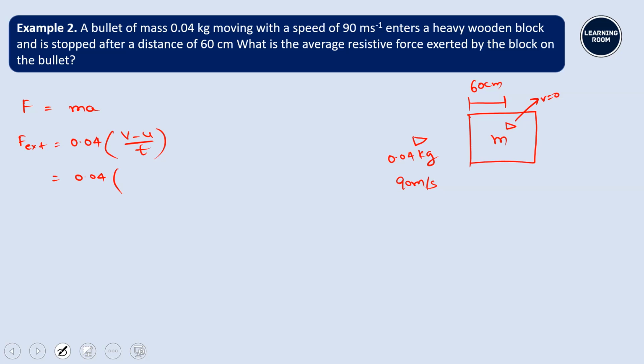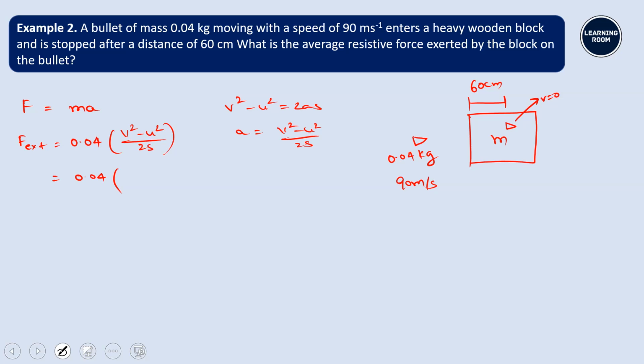The other way of writing this, we know that v square minus u square is equal to 2as. The reason why I am using this is because they have given distance, they have not given time. So I can write acceleration is equal to v square minus u square divided by 2s. So in this problem, instead of using v minus u divided by t as the acceleration, I can use v square minus u square divided by 2s as the acceleration.